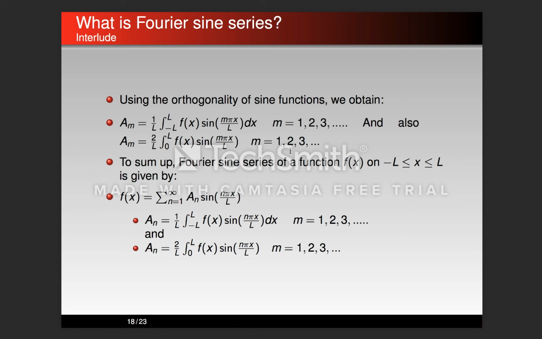We can find the constant a_n by using the orthogonality property of sine, where a_n equals 1/L times the integral from -L to L of f(x), the function itself, times sin(nπx/L) dx. Or the coefficient a_n can be computed by using this formula, 2/L times the integral from 0 to L of f(x) sin(nπx/L) dx.